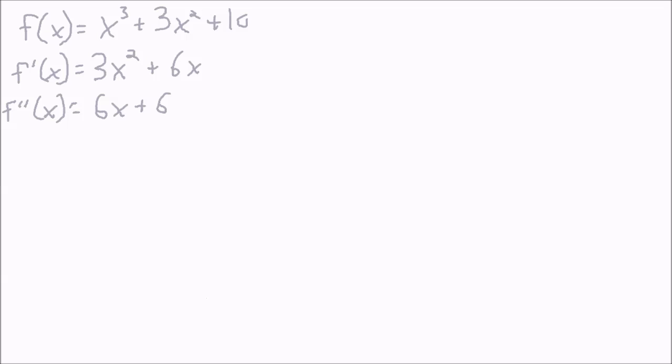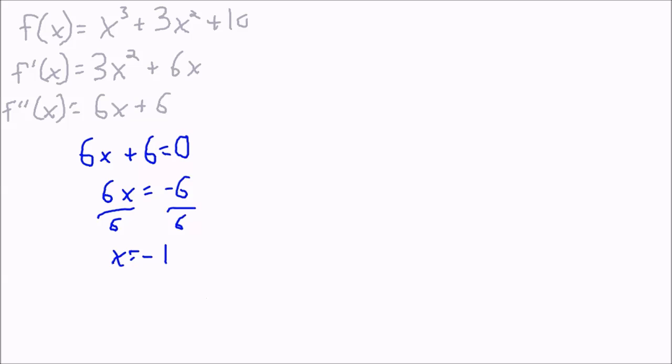So we take 6x plus 6 and set it equal to 0. We want to get x by itself, so we'll subtract 6 from both sides, getting 6x equals negative 6. Dividing both sides by 6, we'll get x equals negative 1. So negative 1 is going to be my inflection point.